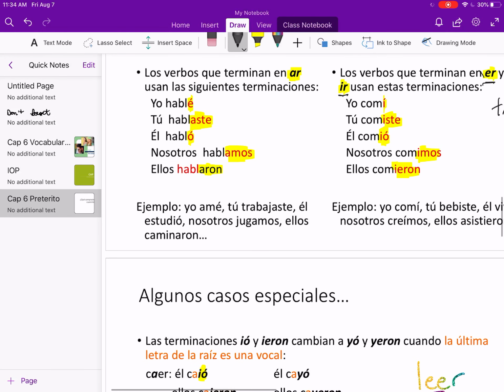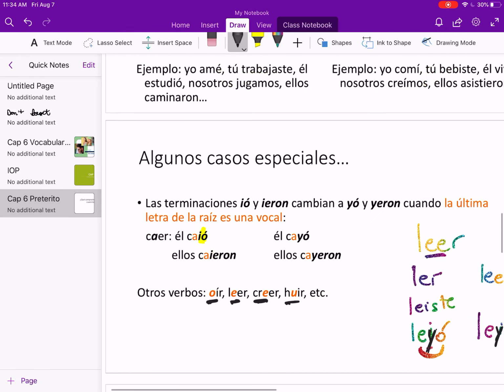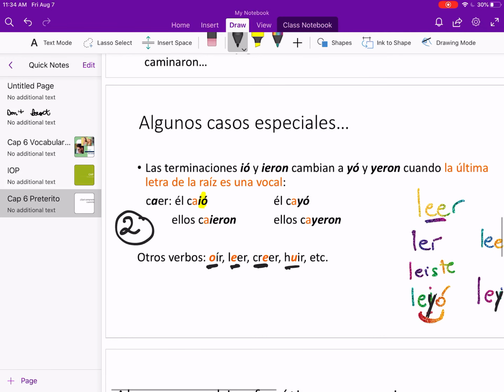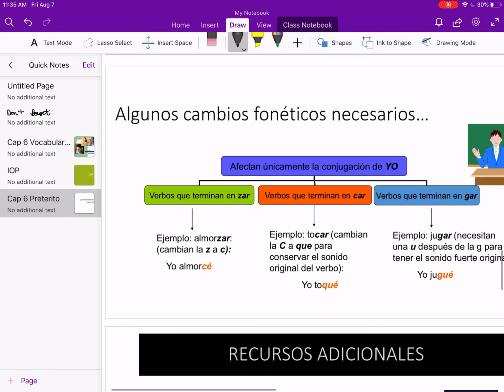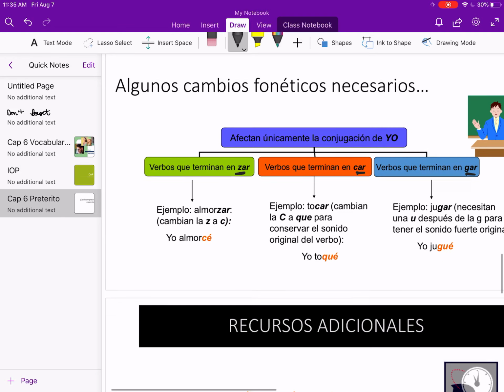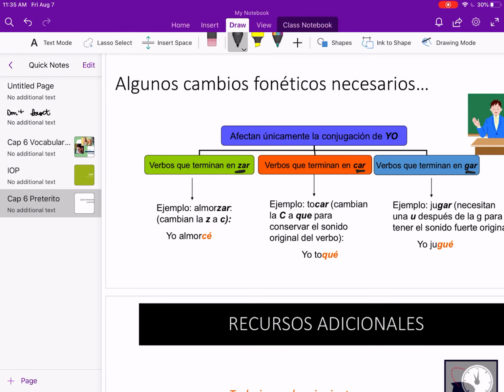Now, so you have the endings, some special cases, and then you also have a few other changes for verbs that end in sar, car, o gar. Por ejemplo, almorzar o empezar, to begin. So it would be yo empe... So instead of saying se, it actually becomes si.